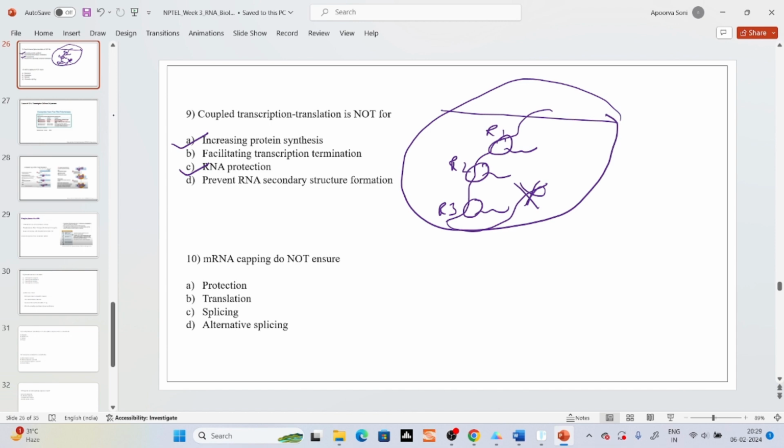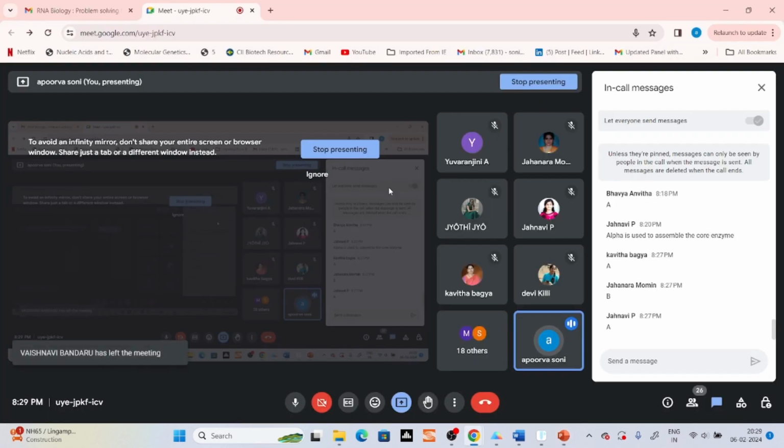Therefore, it is preventing RNA secondary structure formation also. The question is, coupled transcription and translation is not for facilitating transcription termination. This is the correct answer. Coupled transcription translation has no role in termination of the transcription. Okay, is it clear everybody?